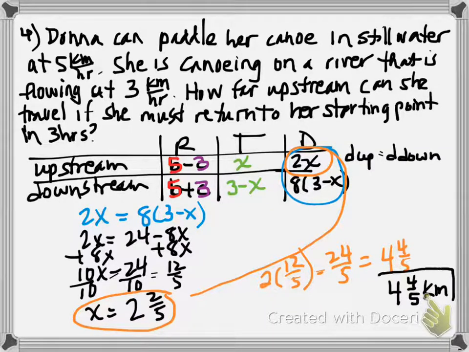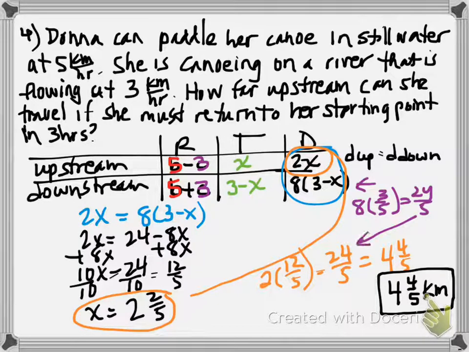And I get the kilometers from the rate label. And again, we could verify with the second equation here: 8 times 3 take away 2 2/5 would give me 3/5, which would give me 24/5, which is the same as what I have here. So that's verification that I've done it right.